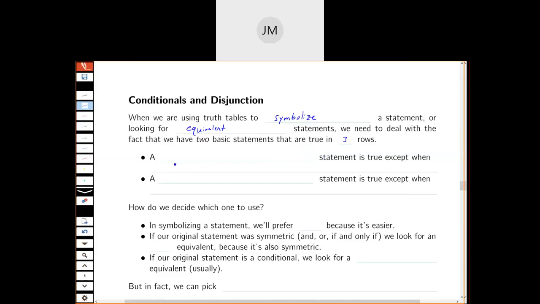So a disjunction, remember that's the or statement, is true except when both statements are false.